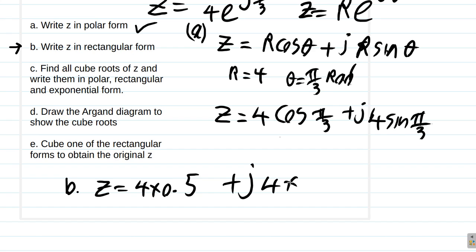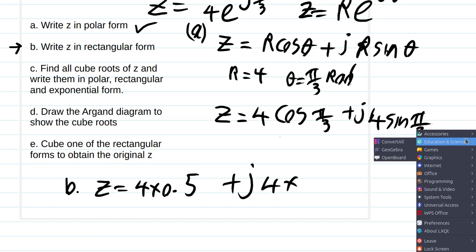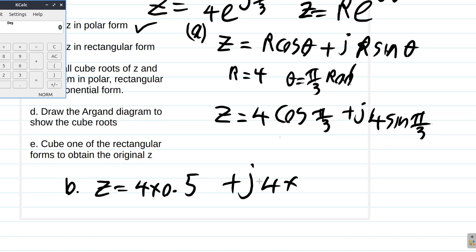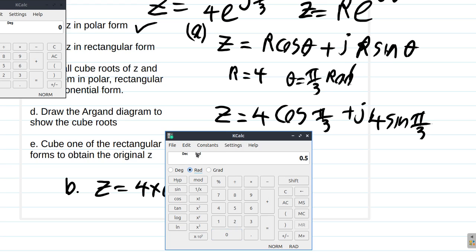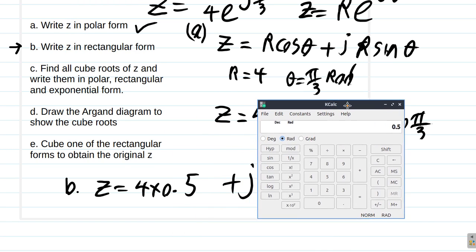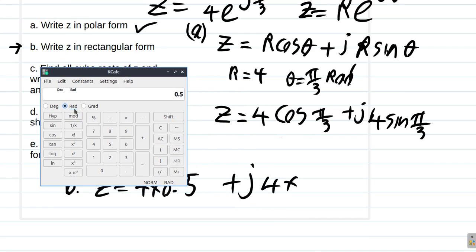Alright. Now, we're going to deal with the j part of it. So here now, again, we have pi over 3 equals, and then sine that.